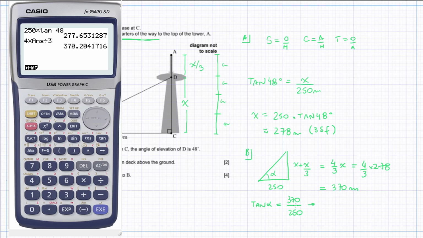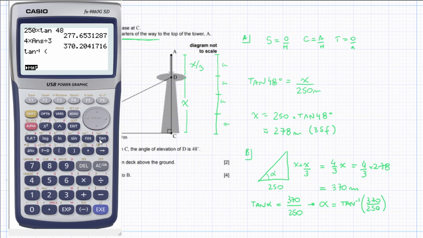But we don't just want to know the tangent, we want to know our angle. So to get the angle, we need to do the inverse operation of tangent. So we do the arctan, or inverse tan. Now let's get back to our calculator and do arctan, so shift tan.